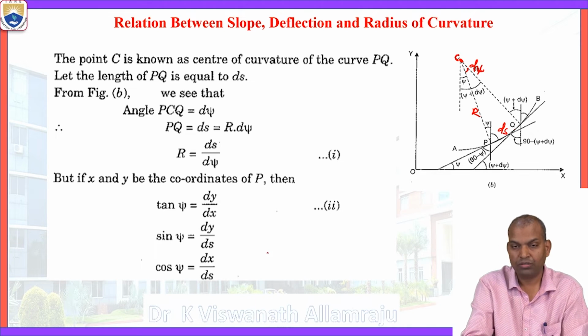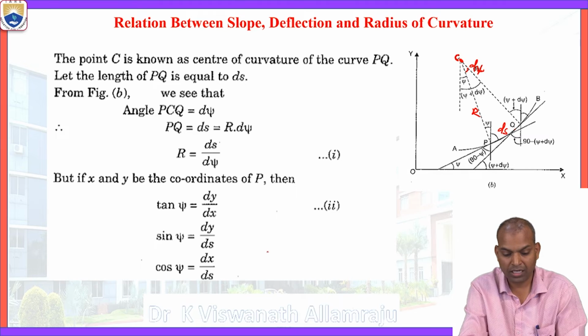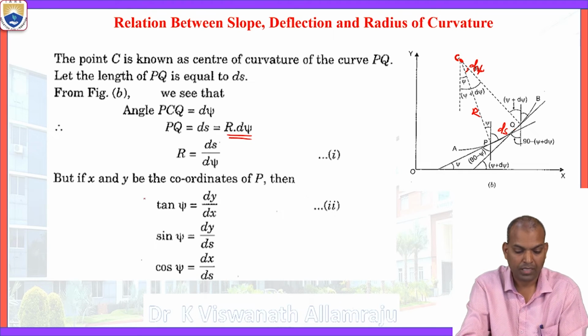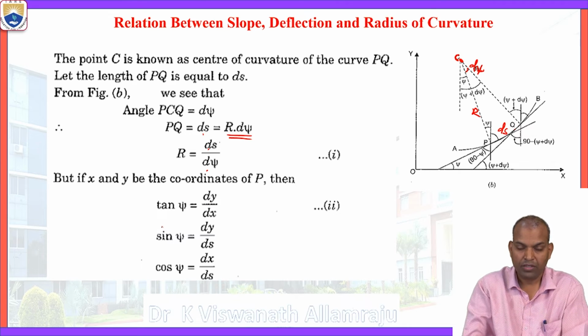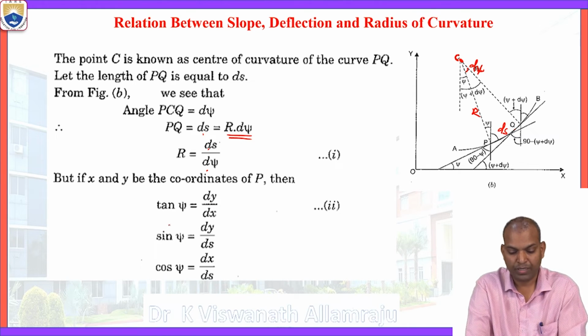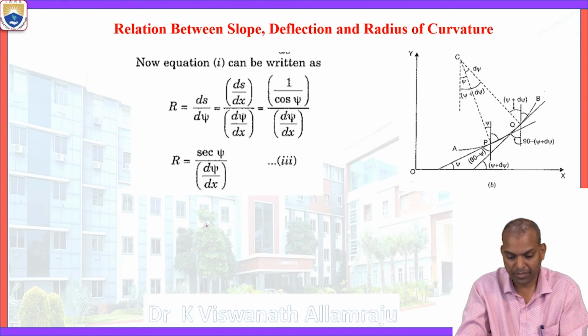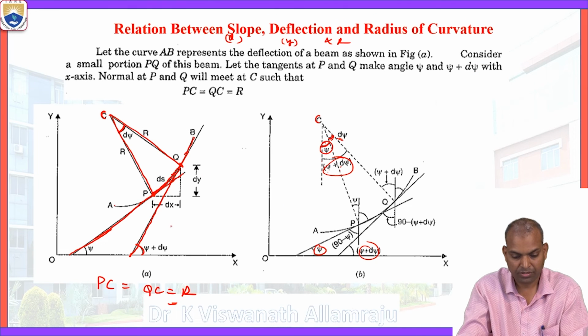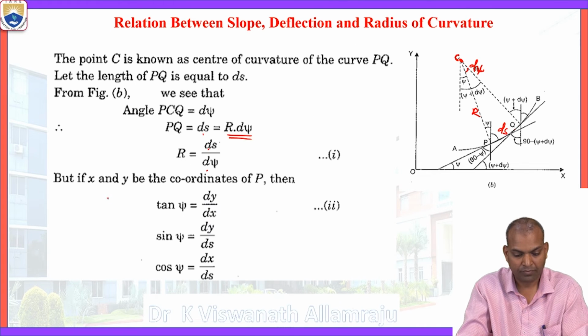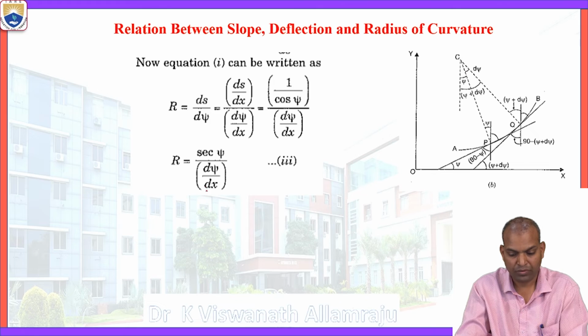Now from the concepts of geometry, ds equals r d psi. Then r equals ds by d psi. But if x and y are the coordinates of P, then from these concepts dx and dy, this is the angle psi.